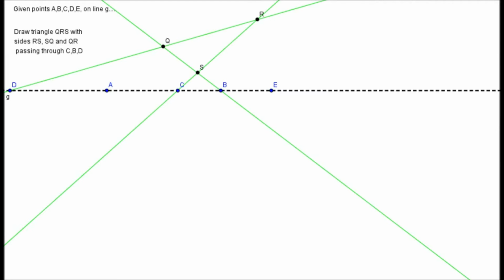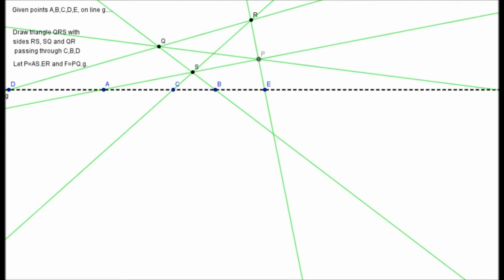The next step is to draw in a couple more lines. In particular we draw a line through another one of these points that we haven't touched yet, A, and we'll draw that line through S, and we'll draw another line for a point we haven't touched yet, E. We'll draw that through R, and the place where those 2 lines intersect we'll call P, and that's the 4th vertex of our quadrangle.